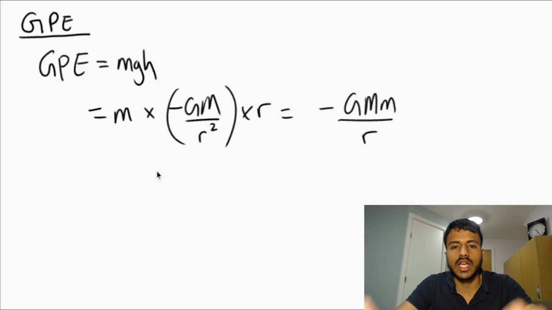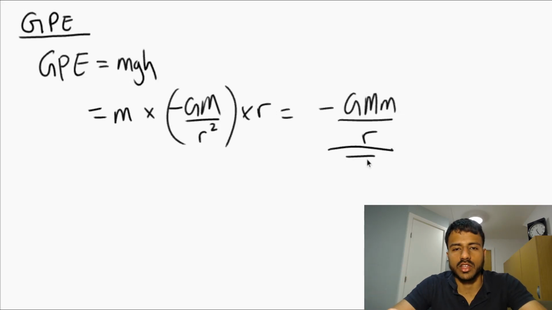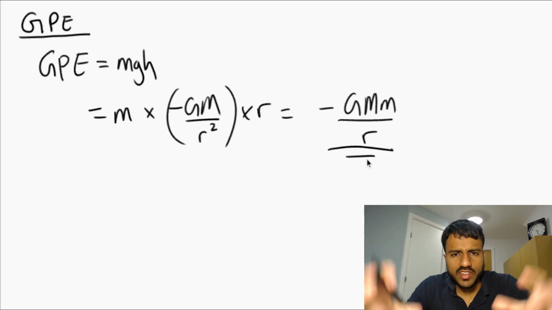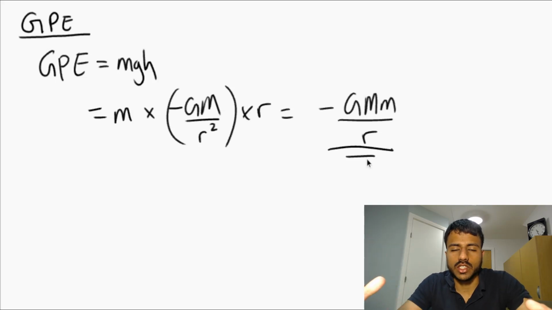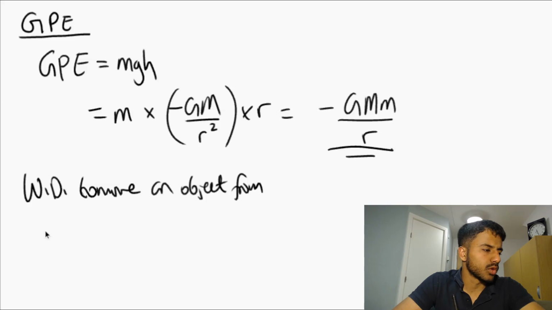Now this isn't a standard proof, and you won't need to know it for your exam, but this equation is actually obtained via integrating the gravitational force equation. Now we know that gravitational potential energy is a form of energy, so we can also say that this is the work done to move an object from one point to another.